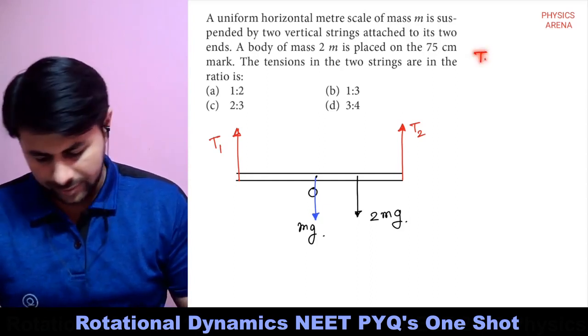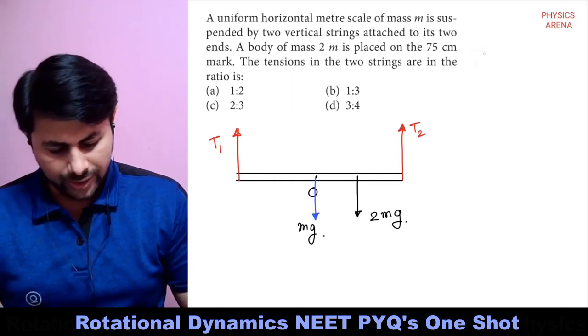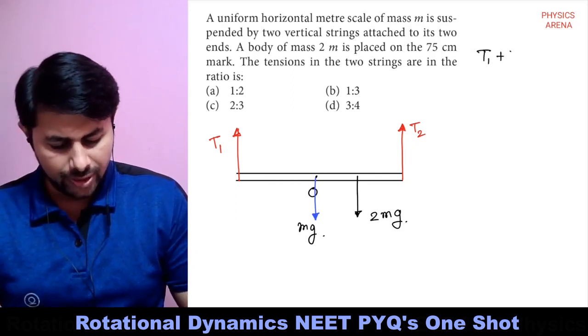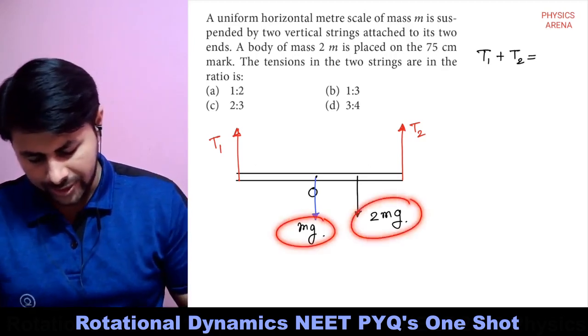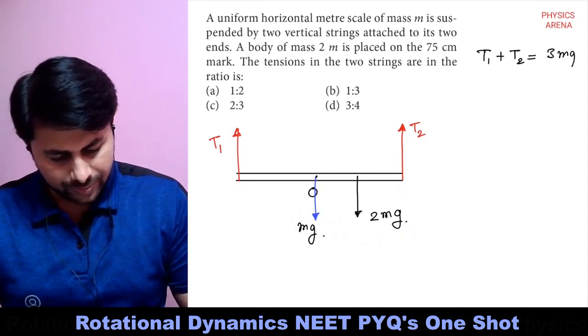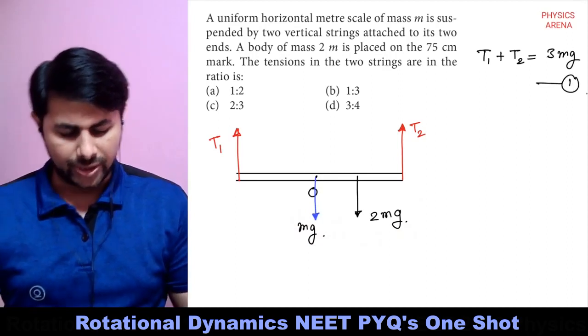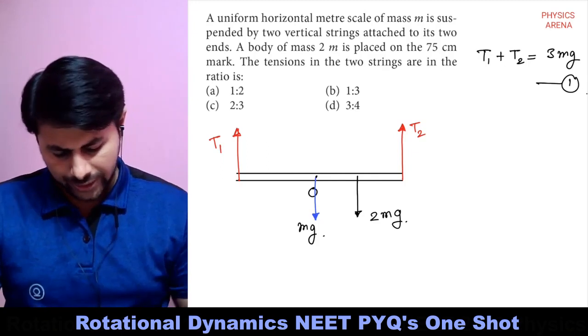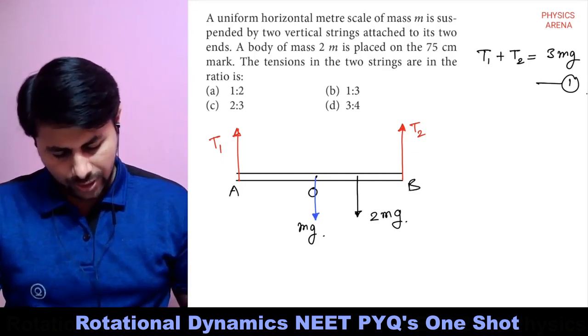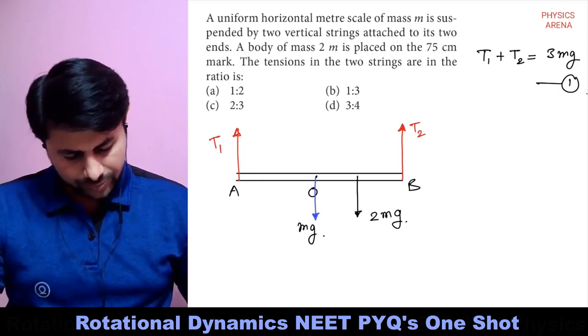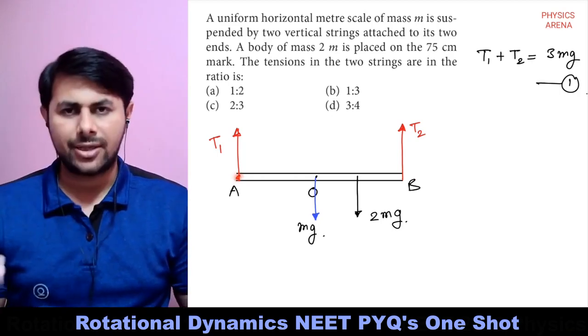Okay, so from the translational equilibrium, you have T1 plus T2 equals mg plus 2mg, 3mg. Let's call this equation number 1. Okay, and then let's call this point A, this point B. So now let's take moments about point A.